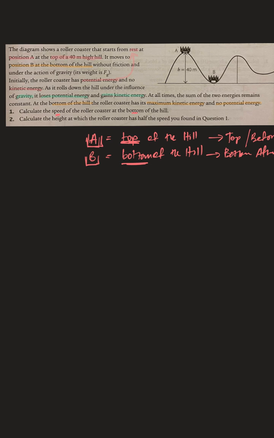So I know we must apply that EP plus EK must be constant, because they're telling you here the sum of the two energies remains constant. That means the mechanical energy is constant in this type of example.